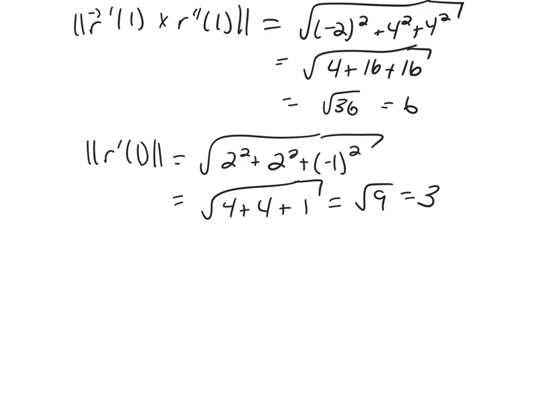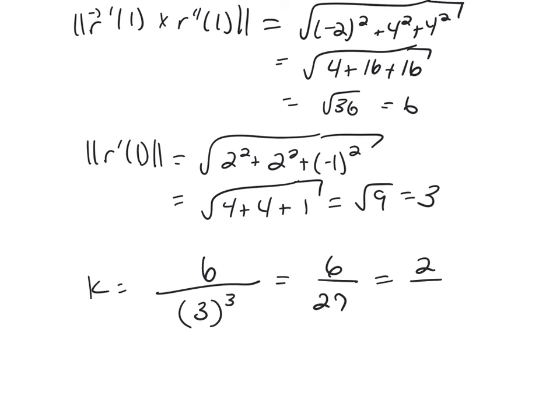So then the curvature was the magnitude of our cross product over the magnitude of r prime cubed. So 6 over 27, or 2 over 9. And that's my curvature right there.